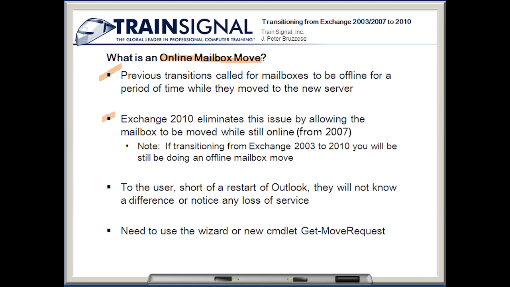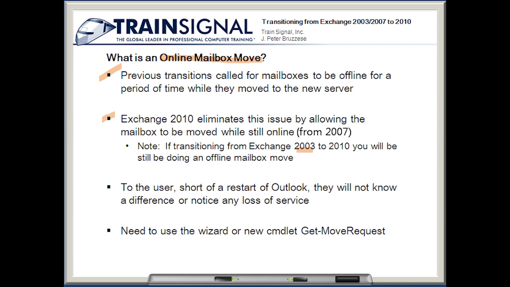Exchange 2010 eliminates this problem by allowing the mailbox to be moved while still online. Now, the only stipulation here is that we're talking about a move from Exchange 2007 with Service Pack 2 over to Exchange 2010. So if you're transitioning from 2003 over to 2010, we're still doing an offline mailbox move. And it's still going to take the time away from your availability percentages.